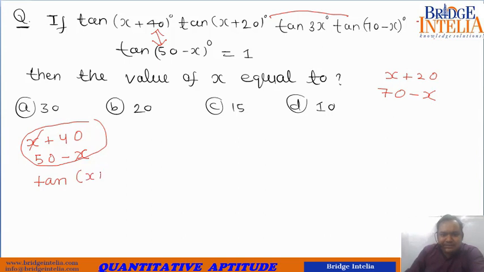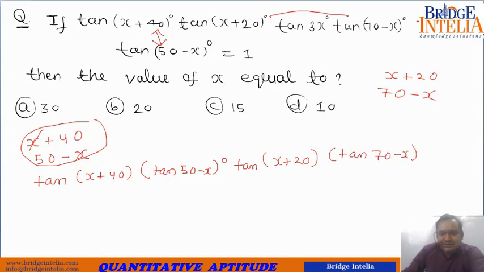So tan(x plus 45 degrees) into tan(50 minus x) degrees, tan(x plus 20) into tan(70 minus x) into tan 3x is given to us, and the value is equal to 1.